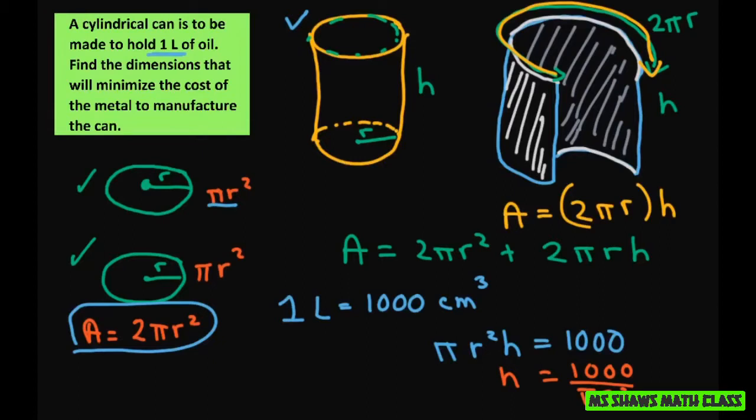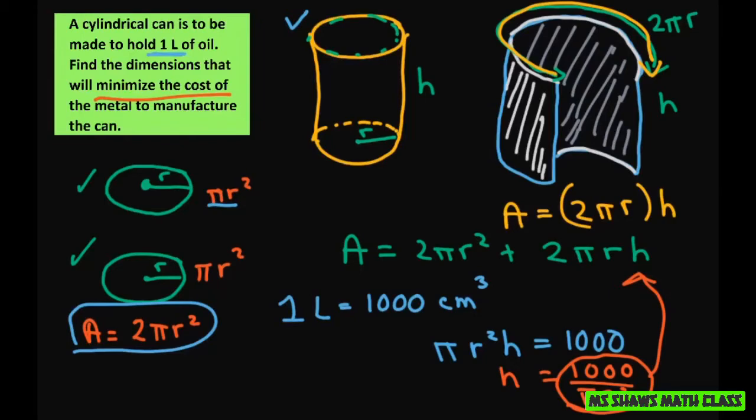Now, we're going to substitute our h into this h right here, and then differentiate to minimize, because we're minimizing the cost of the metal to manufacture the can.